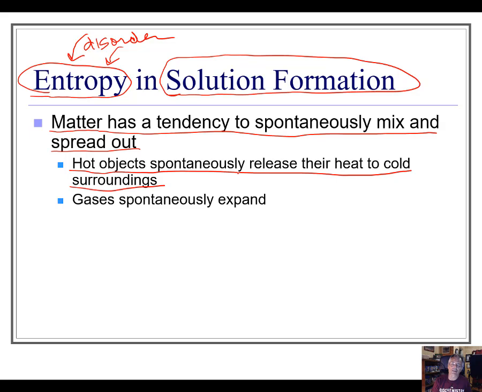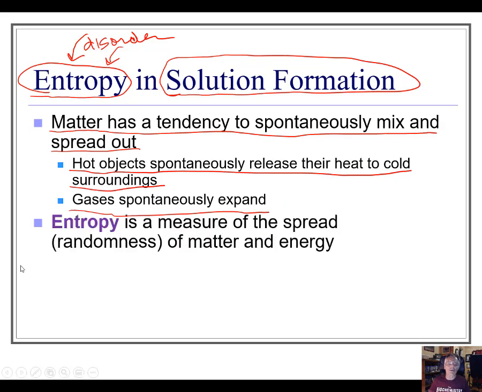It doesn't happen very often in Texas, but it does happen on occasion. Gases will spontaneously expand. So if I open up a bottle of perfume, that perfume will expand, and eventually people will smell a few molecules of the perfume and be able to detect it. Odors do that. Okay? All kinds of odors.